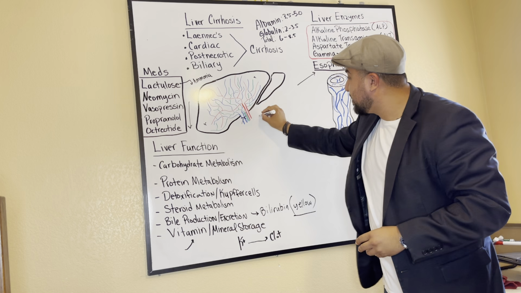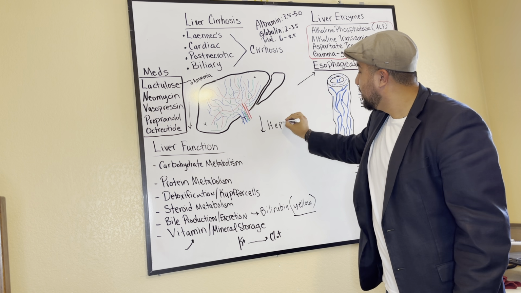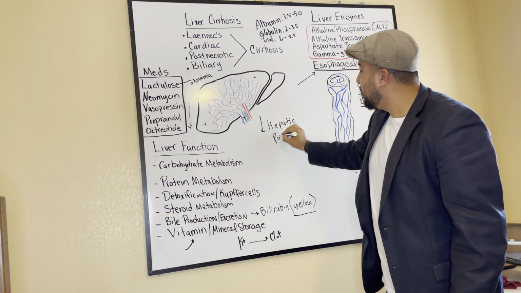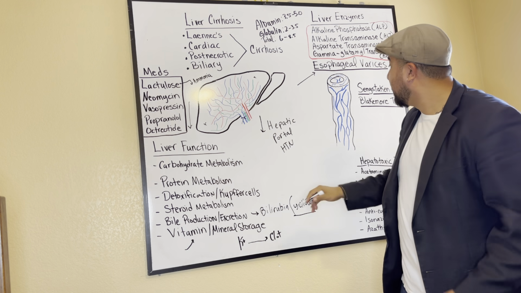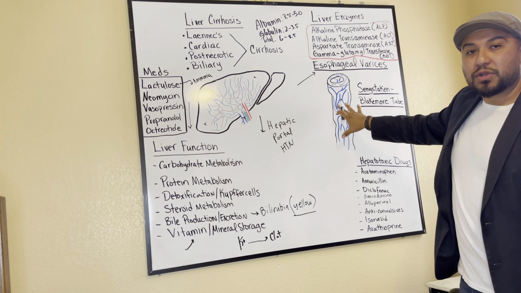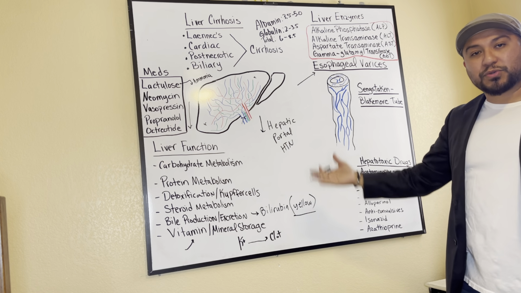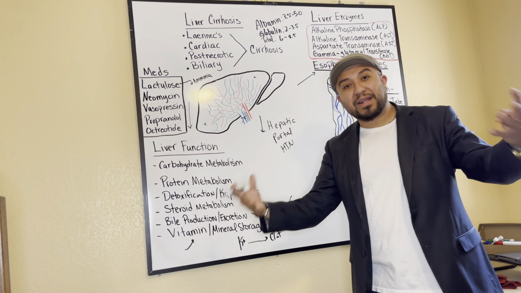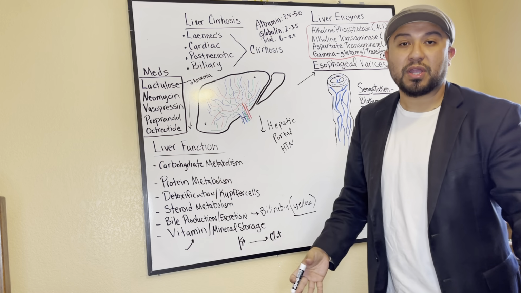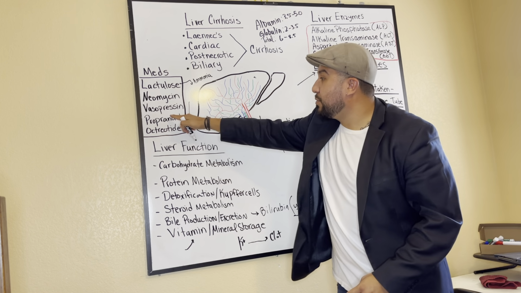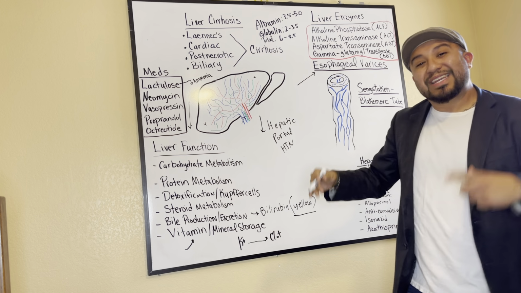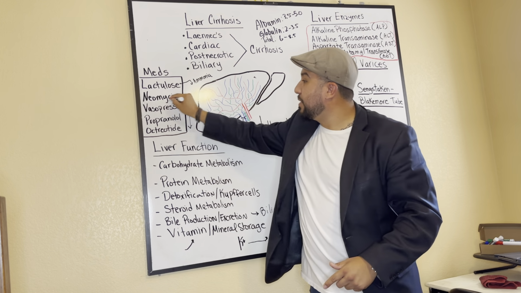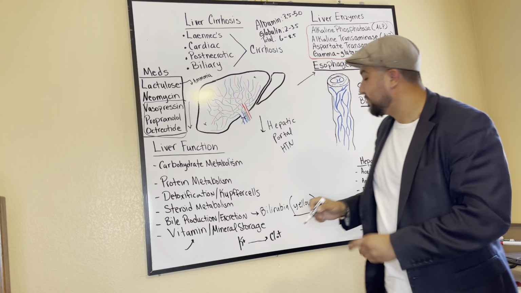Because if we're decreasing the hepatic portal hypertension, well, now we don't have to be so concerned with the esophageal varices rupturing and causing a whole host of hemorrhagic issues like hypovolemic shock. And that's the whole reason why we give medications like vasopressin, propranolol, octreotide. So keep that in mind, folks. These medications are very important, okay, for that purpose.